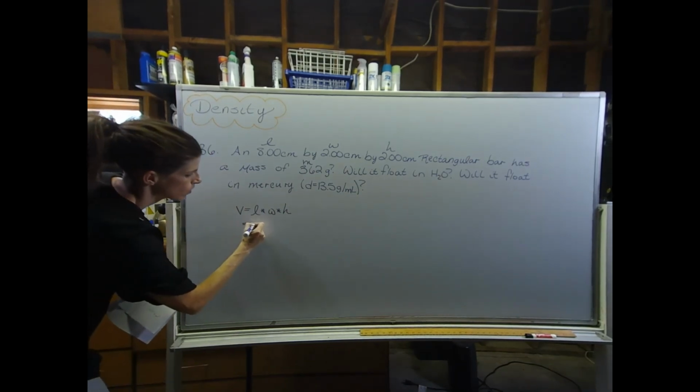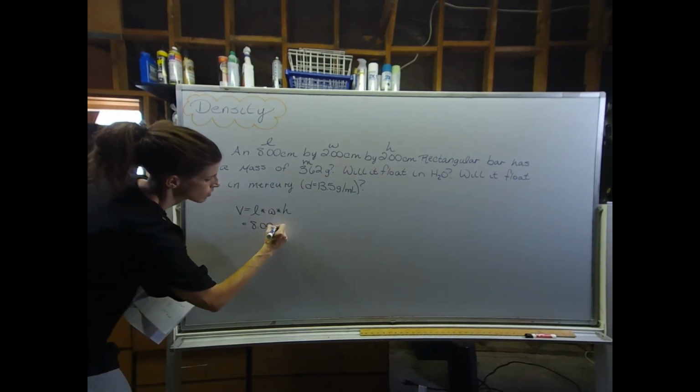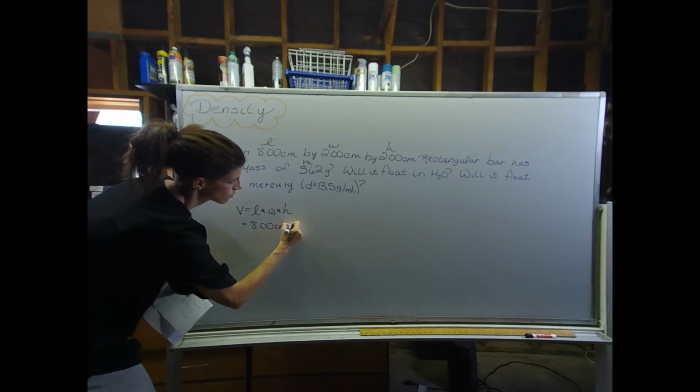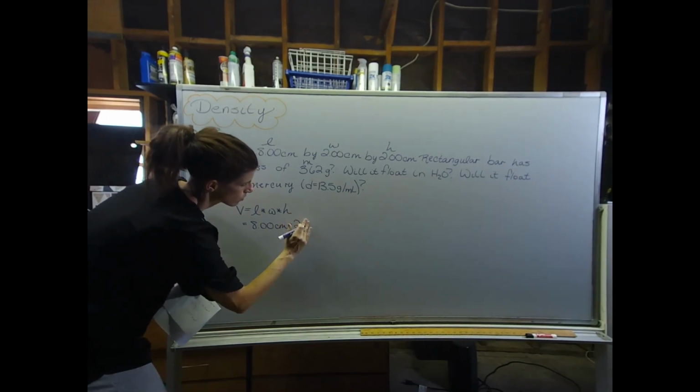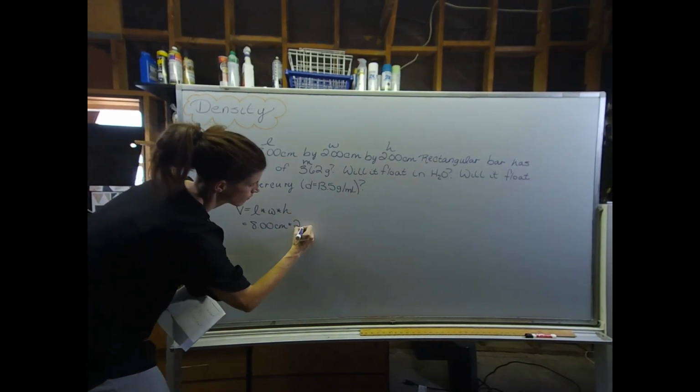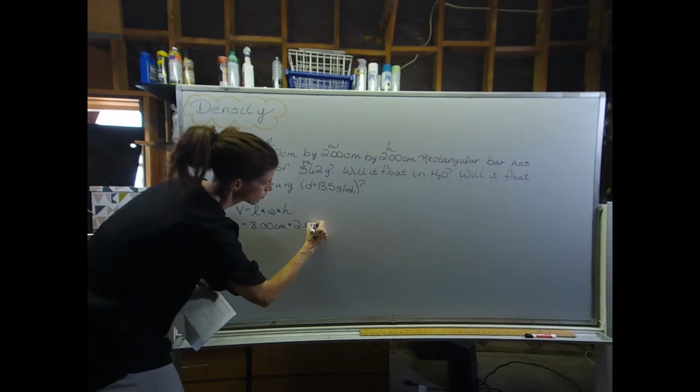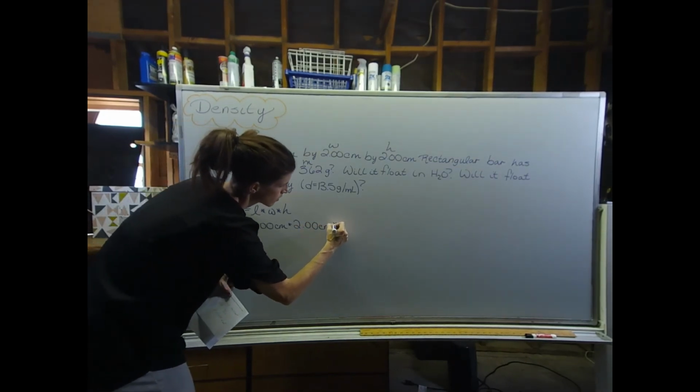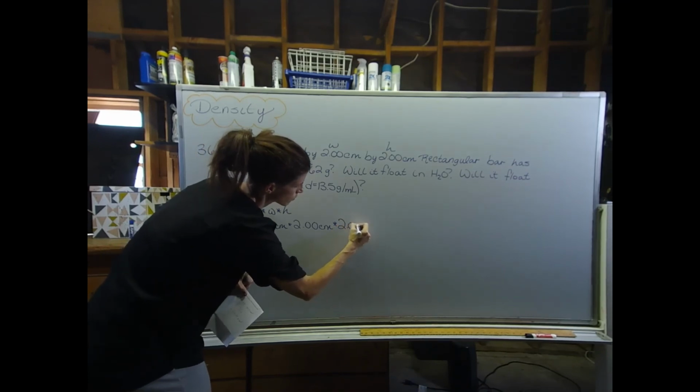So I'm going to do 8 centimeters times 2 centimeters. Don't want to lose any sig figs there. 2.00 centimeters times 2.00 centimeters.